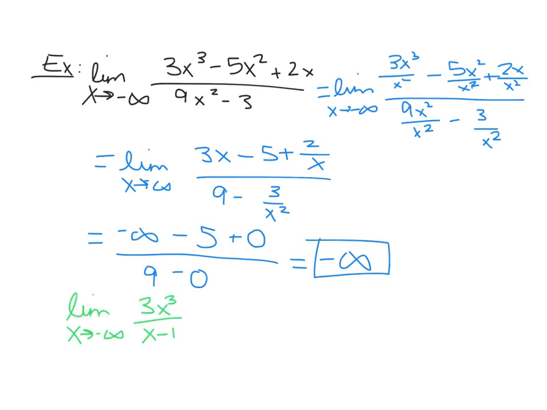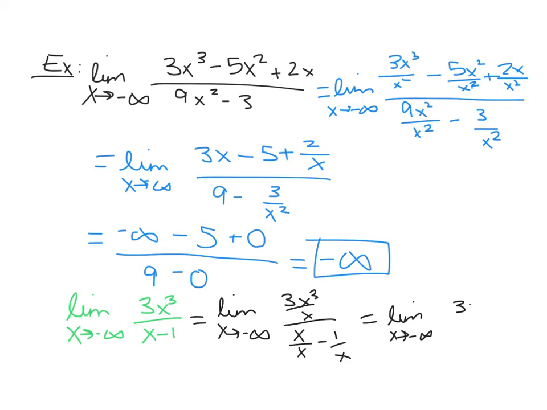So I'm going to show you something weird that sometimes happens. Let's say I have the limit of 3x to the third over x minus 1 as x approaches negative infinity. I'm going to use the method that I just did and divide everything by x. So I then get 3x squared over 1 minus 1 over x.